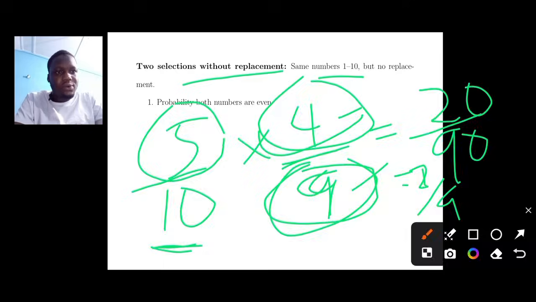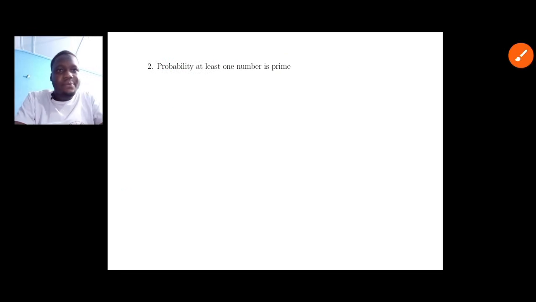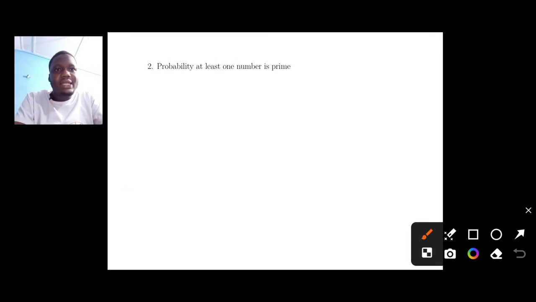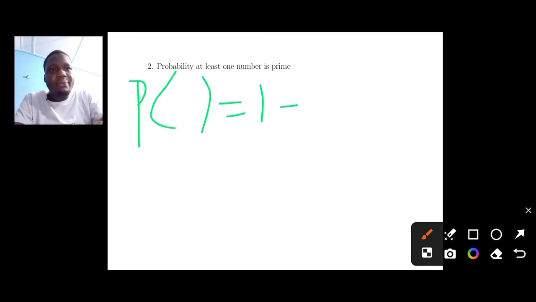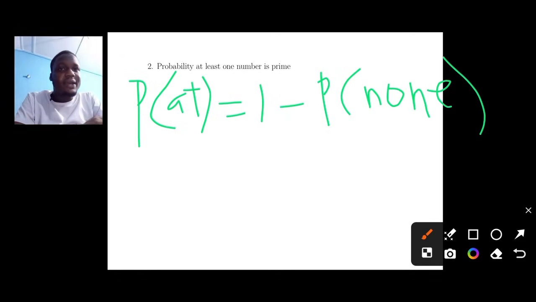Okay, good. Let's proceed. Probability that at least one number is prime, which is the probability of 1 minus none. Always, whether with replacement or whatever, it is always 1 minus none.